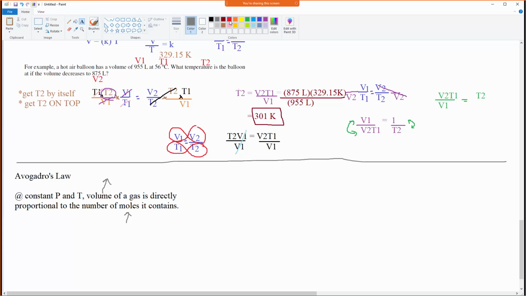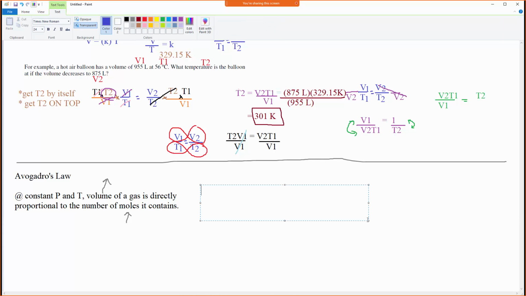In fact, we have one here that we'll just kind of memorize. 1 mole of any gas at standard temperature and pressure, which is 0 degrees Celsius and 1 atmosphere of pressure, equals 22.4 liters of space. Any gas, right?